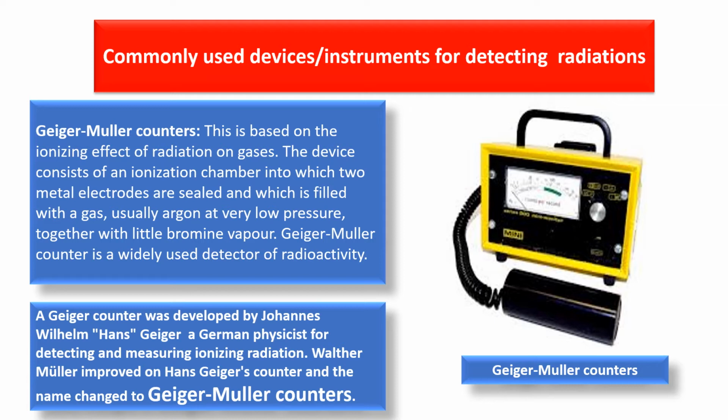This Geiger-Müller counter is a device that consists of an ionization chamber into which two metal electrodes are sealed and is filled with a gas. The Geiger-Müller counter is a widely used detector of radioactivity. It's very common.